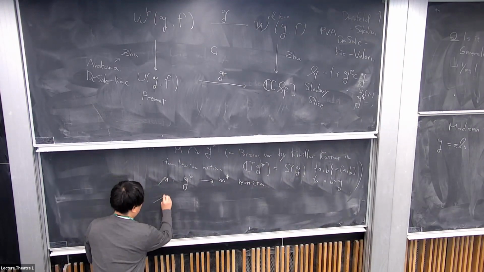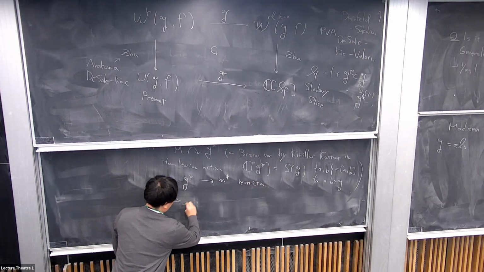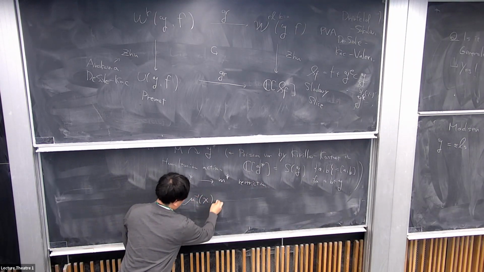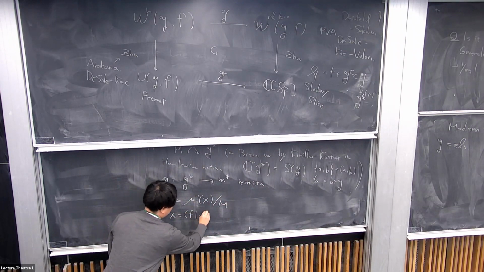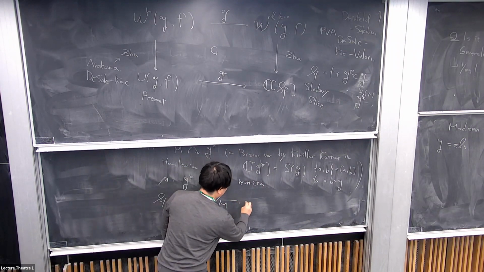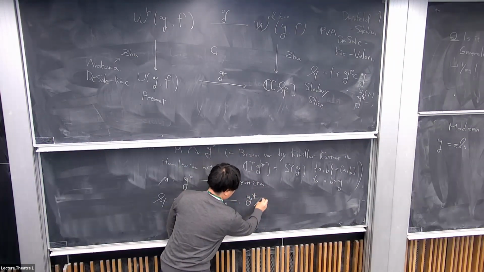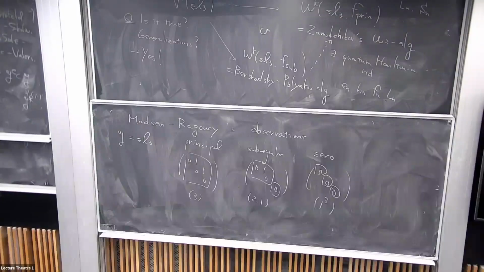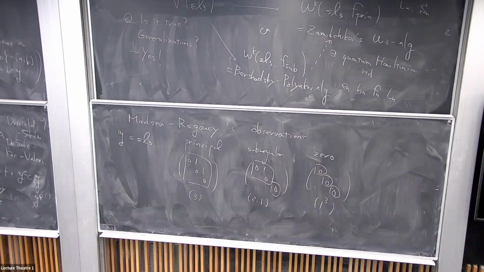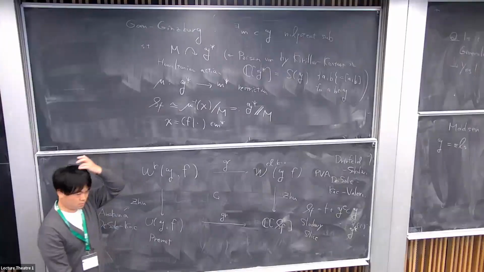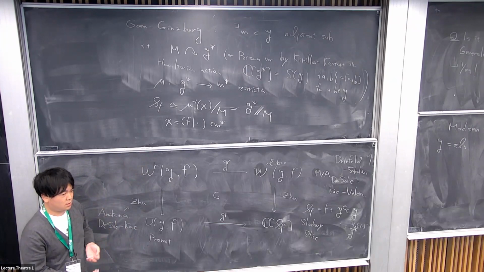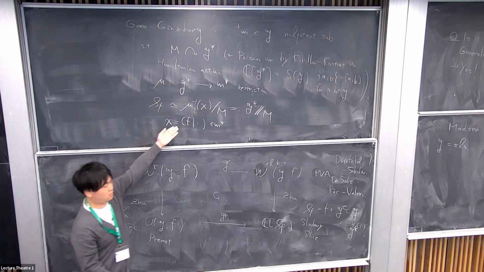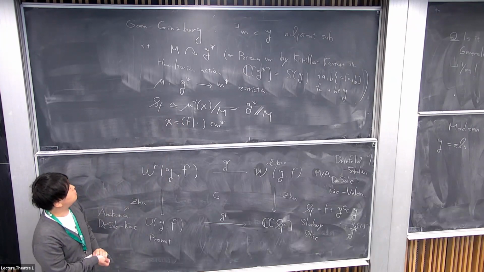The result is that the Slodowy slice is isomorphic to mu inverse of chi, quotient by M. If chi is pairing with m, we're thinking of this as m star. This is called a Hamiltonian reduction at the point chi, and this gives a canonical Poisson structure on this space, and Gan-Ginzburg's book shows that this is it.